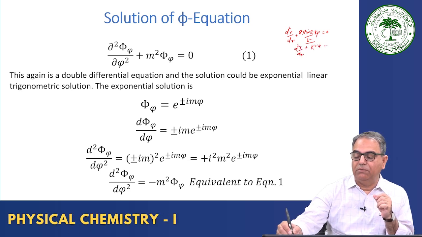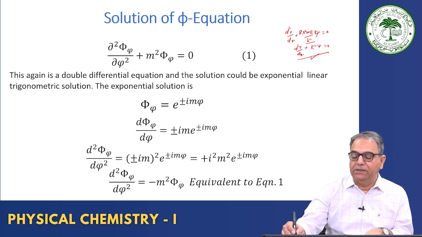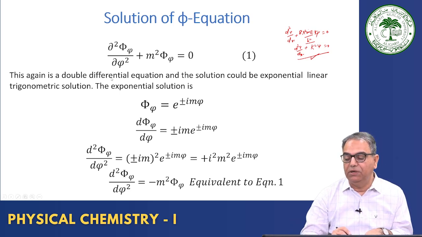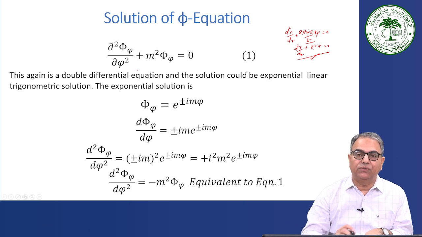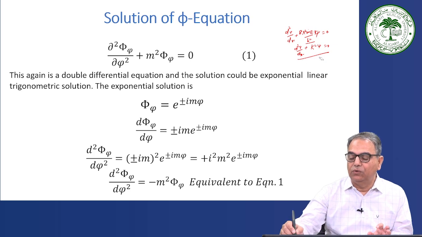Okay, you remember this? This was the equation for particle in a one-dimensional box. Compare this with this equation. Instead of psi, you have phi. Instead of x variable, you have phi variable. Instead of k square, you have m square. So the solution is known to you. It's not something new.